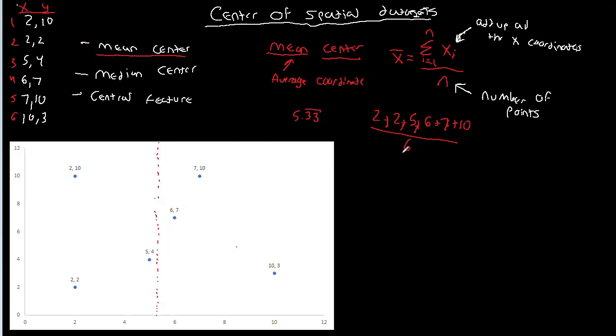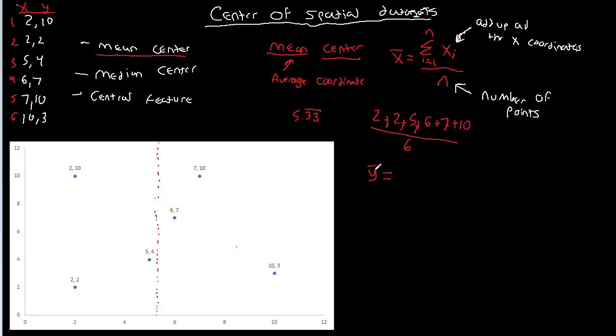The next thing we need to do is figure out the average y coordinate. That's going to be y bar, and this is going to be the exact same equation as we did for the x, but instead of the x coordinate, we're going to be looking at the y coordinate.